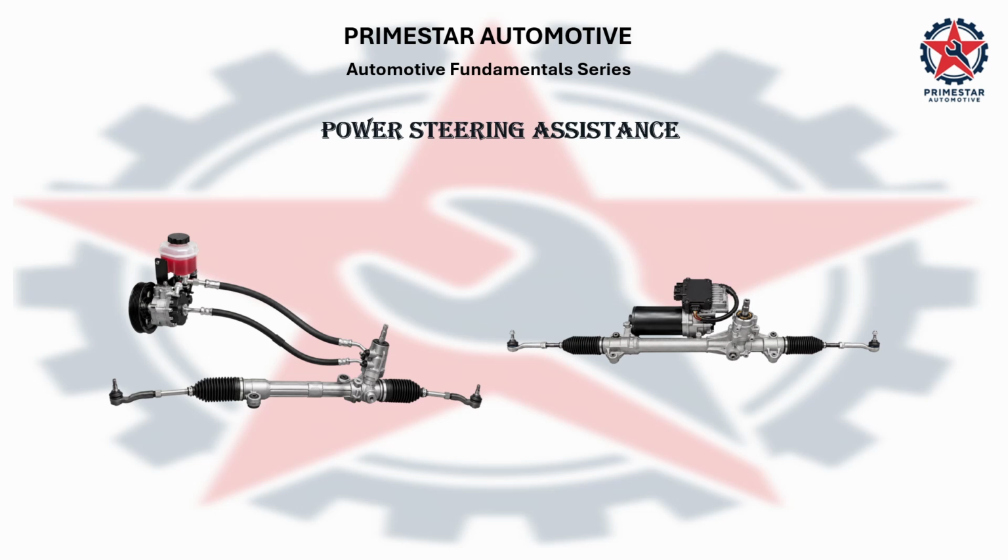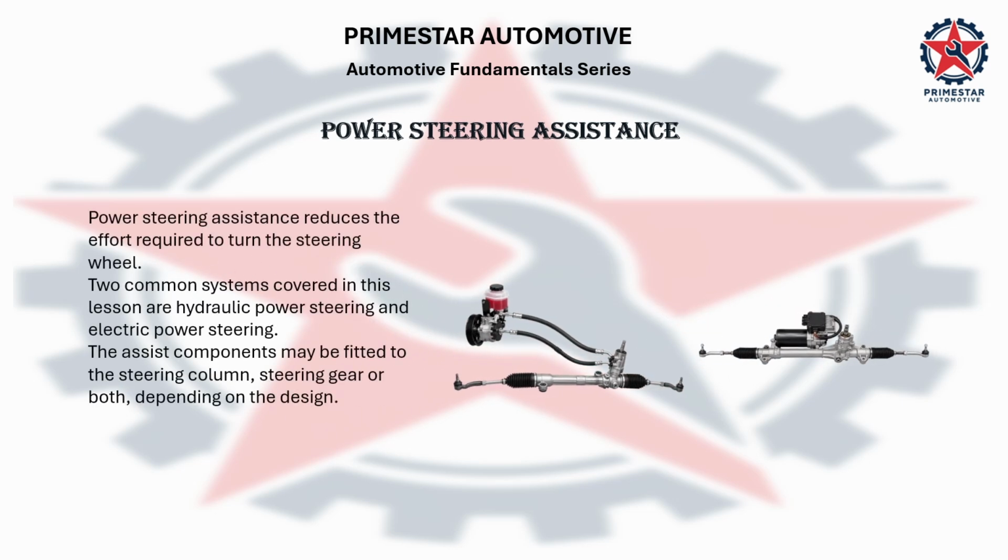Now introducing, next is the power steering assistance, also called power assisted steering or PAS. It reduces the effort required from the driver. Power steering assist reduces the effort required to turn the steering wheel.